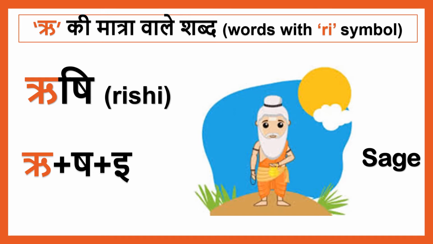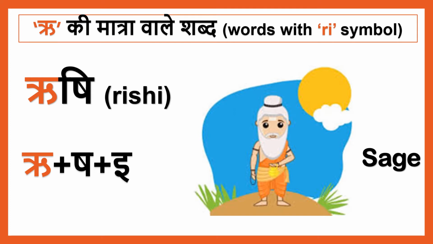First word is re plus sh plus e. Re, sh, e, rishi. In this word, you can see the first letter is a vowel. That's the reason we cannot use the vowel symbol.